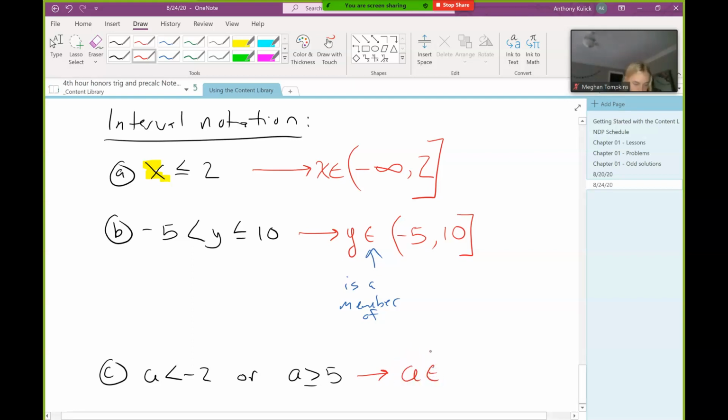So we know we're going to have A as a member of. Now, how do we deal with this OR part? Do you remember what to do with that? You're going to use two sets of parentheses, good, or brackets, depending on what you want to use. And what symbol is going to connect them?